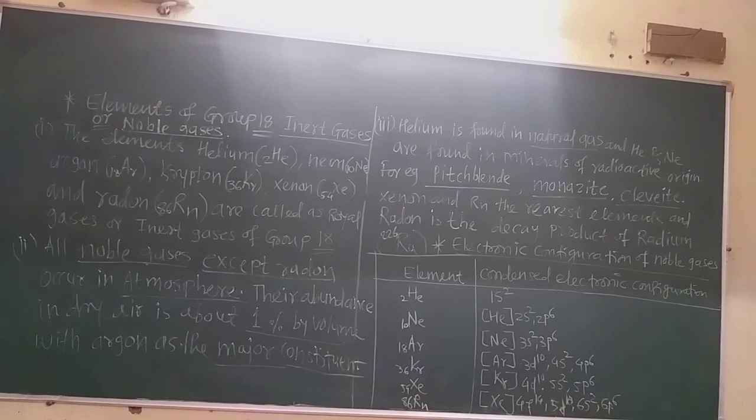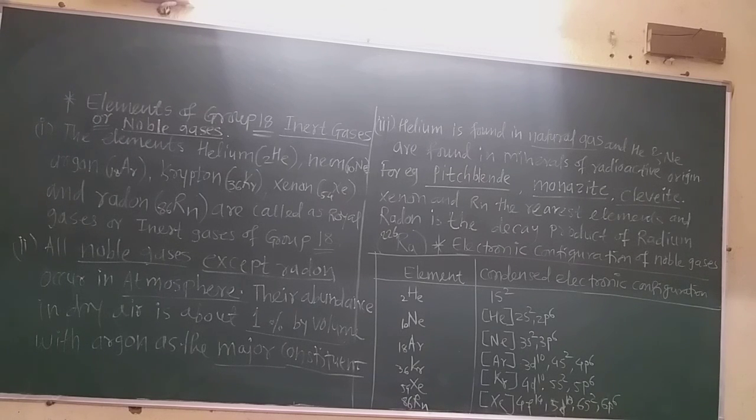So helium is isolated from natural gas, and helium and neon are found in minerals of radioactive origin. That means radioactive ores such as pitchblende, monazite, cleveite, etc., in which we can find helium and neon gases.